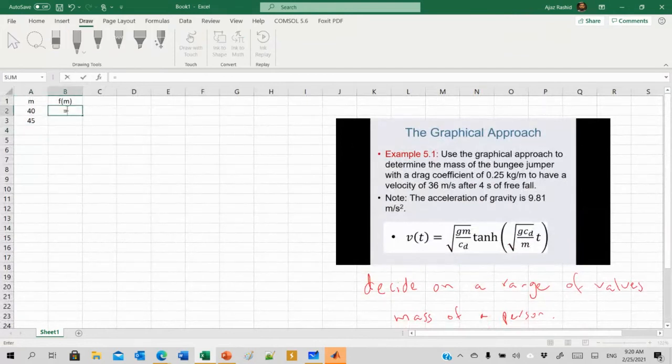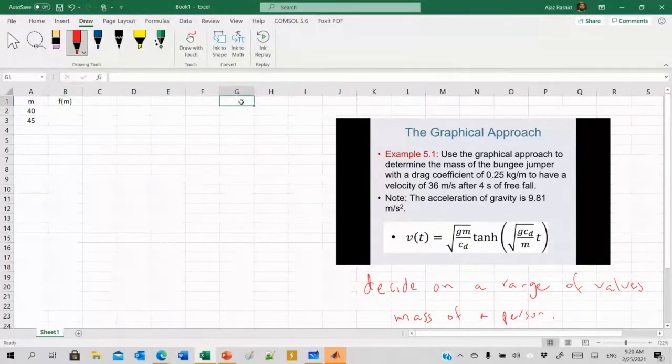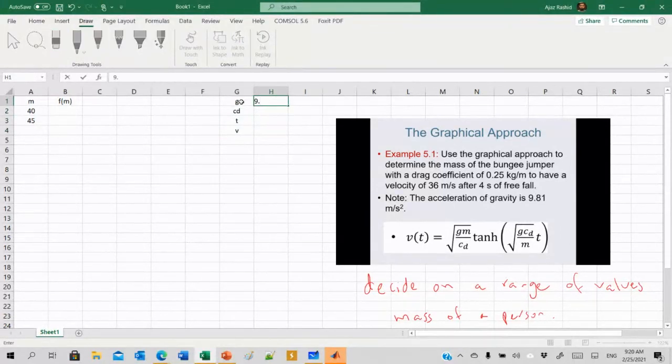So I'll say this is the square root of g, which is... let us define them before we write. g, CD, time, and velocity. So we said this is 9.81, this is 0.25, time is 4 seconds, velocity is 36.